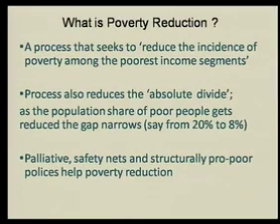As the population share of the poor gets reduced, say from 50% to 30% to 20% to 10%, there are quite a number of measures that can be taken by the state or non-governmental organizations.